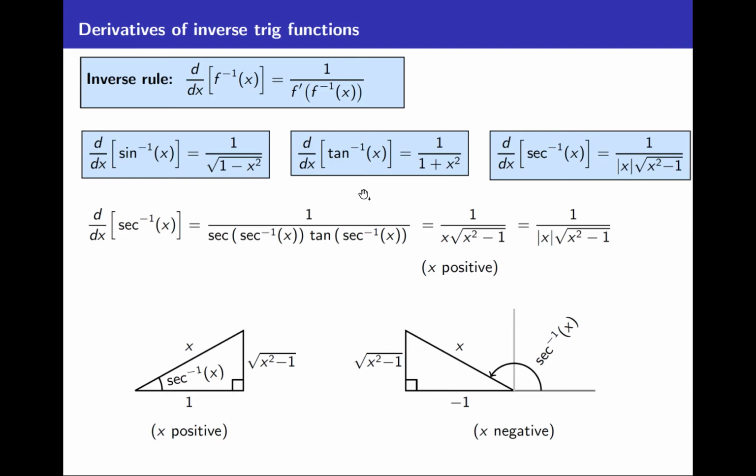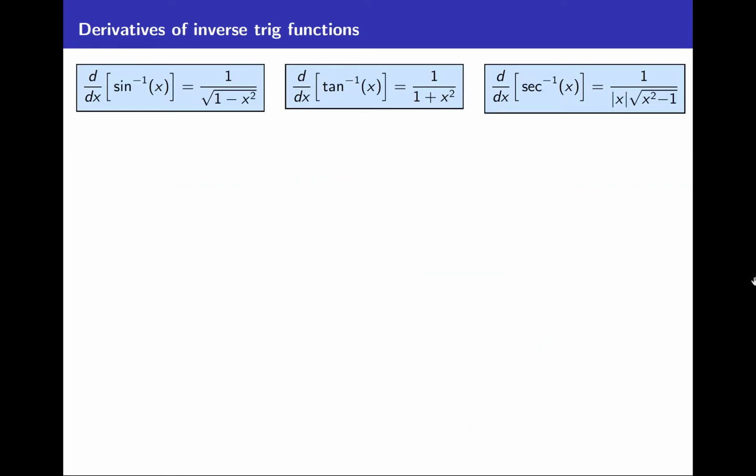But the best thing to do is commit these to memory, internalize them, and so you'll have them at your fingertips when you need them. So here we are, 3 new derivative rules, and we're halfway to our goal. We still need derivatives of cosine inverse, cotangent inverse, and cosecant inverse.